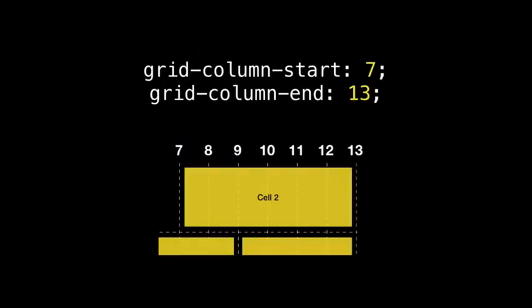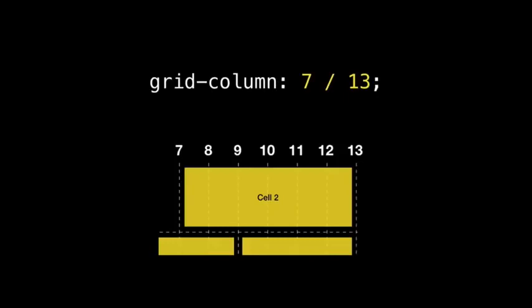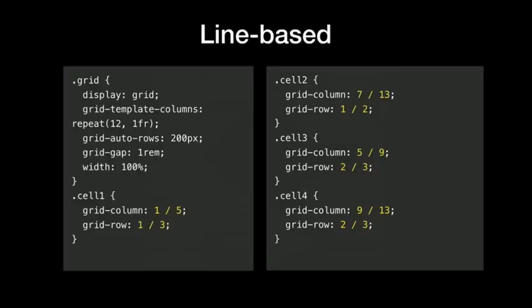So to place an item into a specific place on the grid, we could say we want this to start from line number 7, grid-column-start: 7, and we want it to span up to line number 13, so I say grid-column-end: 13. And there's also a handy short notation for that, grid-column and grid-row, respectively. And this is the full code for that previous example.